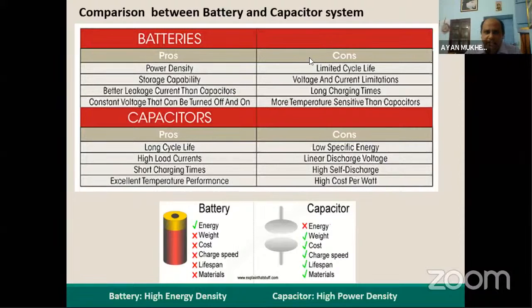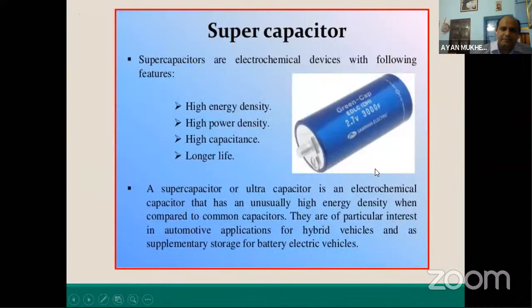So we need a system where we have to increase both the energy density and power density. So a battery has low power density, we have to increase it, and a capacitor has low energy density, we have to increase it. So we need to develop a device which has both high energy density as a battery and high power density as a capacitor.